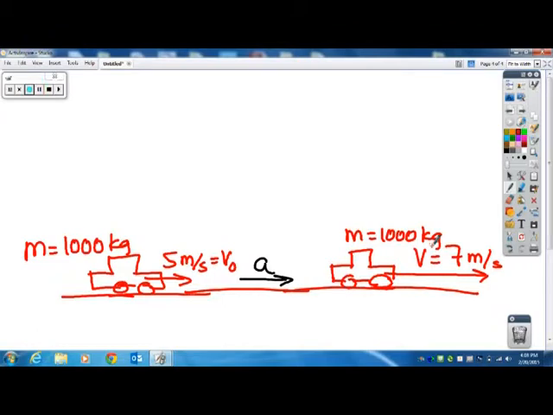So this car's mass has not changed, of course, because the mass is still 1,000 kilograms. However, it's accelerated, so its final velocity has increased. Its final velocity is 7 meters per second. So if somebody asks you how much work was done on this car, well, one of your methods to calculate work is using force times displacement.